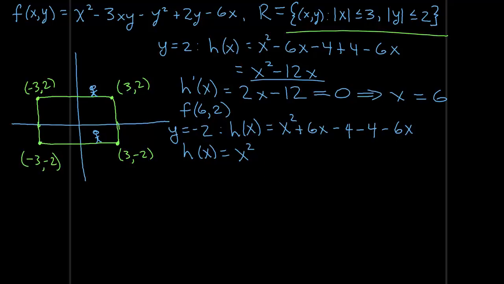Okay, so here we go. Let me differentiate. Okay, x squared plus 6 minus 8. So now we take the derivative and we get 2x equals 0. That means that x equals 0.